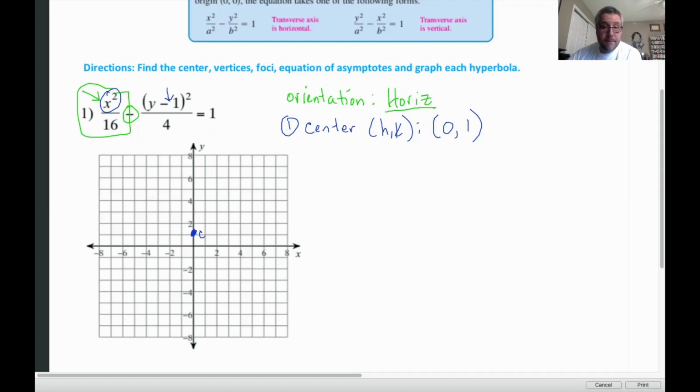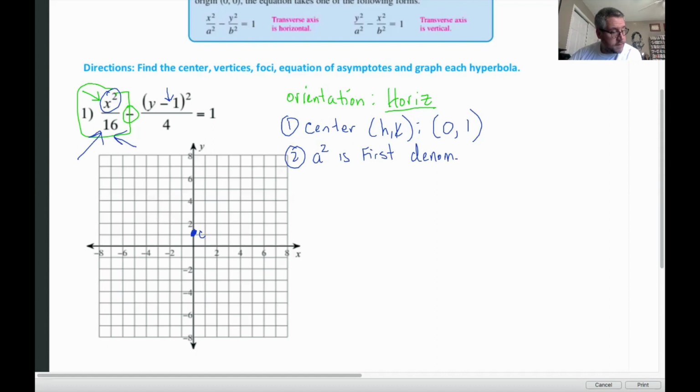Okay, that's step one. Step two is that a squared is always the first denominator. So it's this one. It has nothing to do with size. The first fraction, that's your a squared denominator. So a squared is always the first denominator.